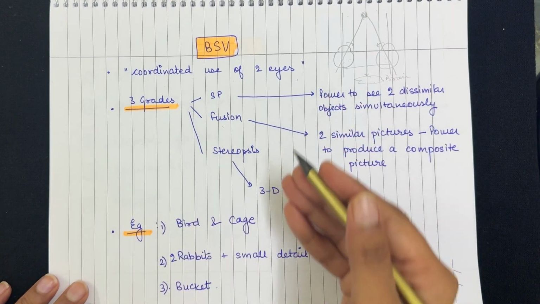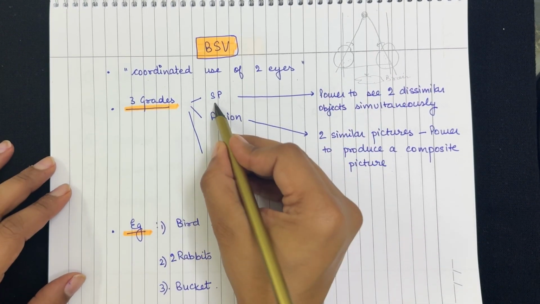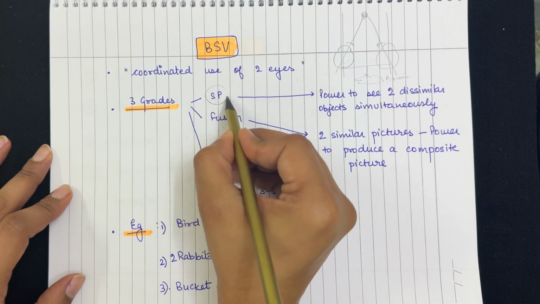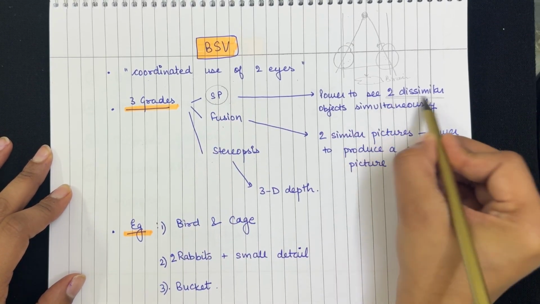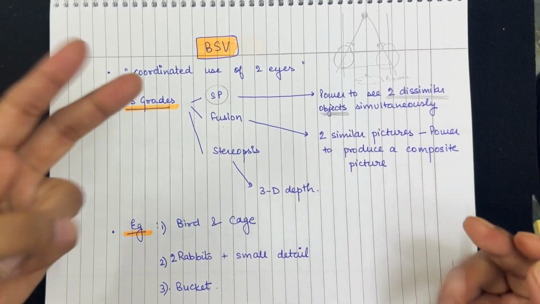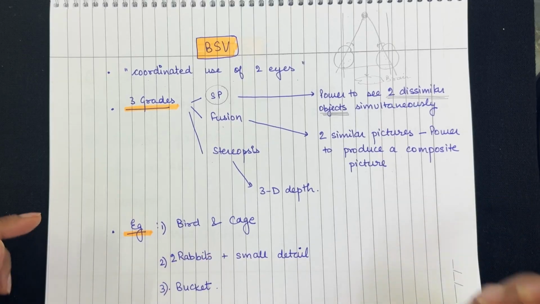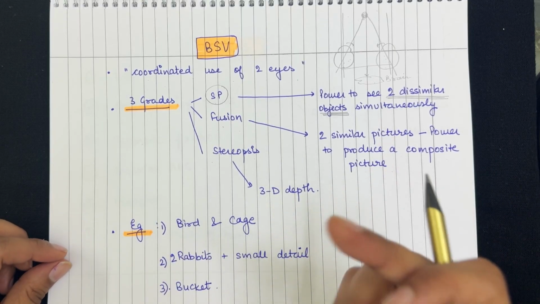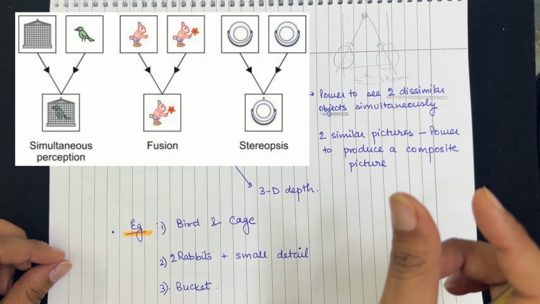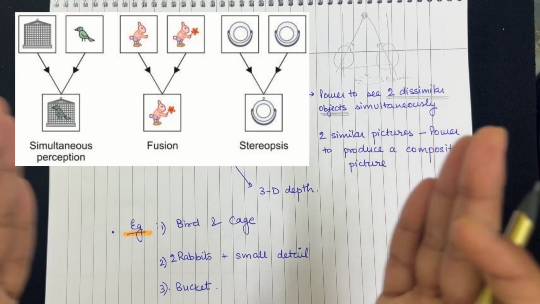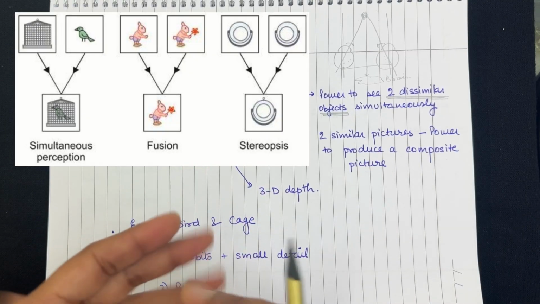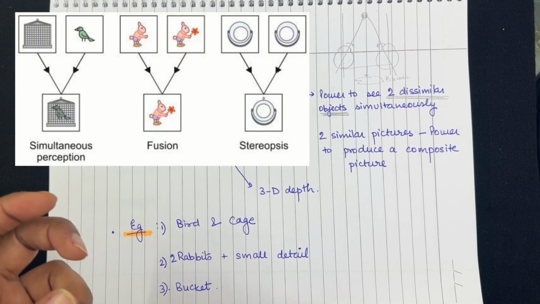Now, three grades of binocular single vision: simultaneous perception, fusion, and stereopsis. So, what is simultaneous perception? You remember these words: two dissimilar objects. So, the power to see two dissimilar objects simultaneously. Like in this example, a picture of a cage to one eye and a picture of a bird to the other eye, if simultaneous perception is present, it will be seen as a bird inside this cage.